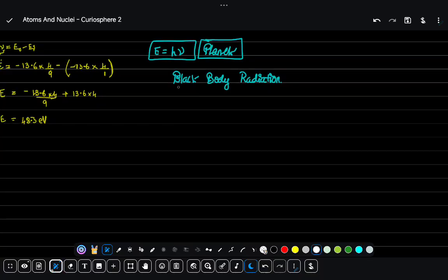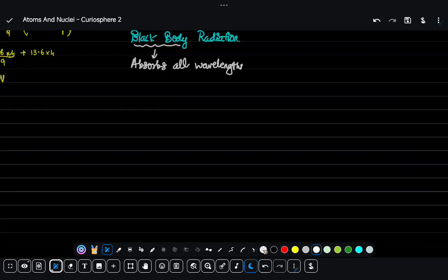A black body is nothing but a body or a substance. It's not necessarily black, actually. It is a substance which absorbs all wavelengths of the electromagnetic waves, all wavelengths of the EM spectrum.